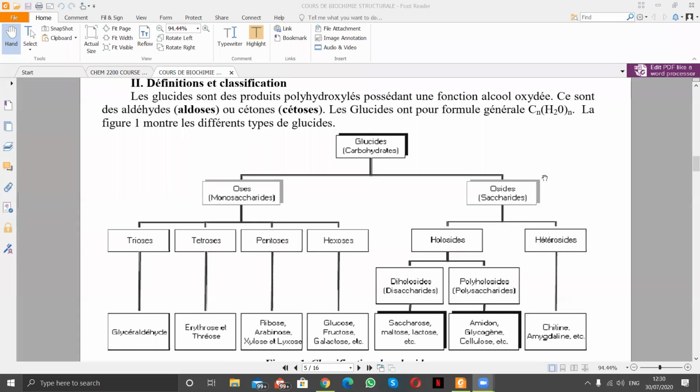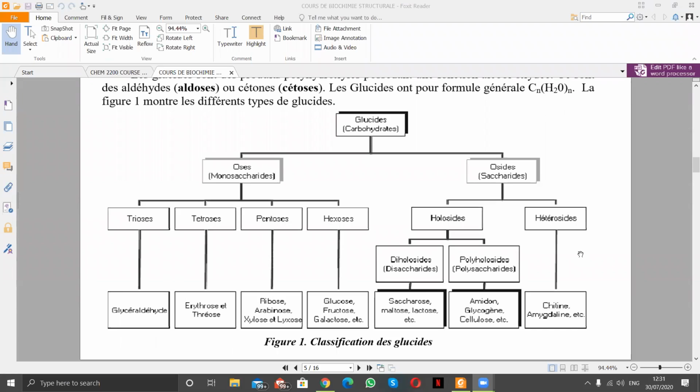When you go to complex carbohydrates, you find that they have certain elements, which earlier on I mentioned, they may have nitrogen, phosphorus, or sulfur. Am I clear? Yes. Any questions?